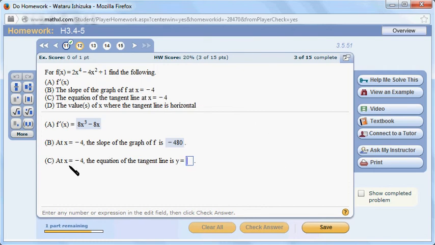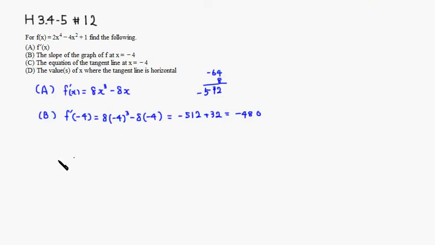All right, next question is at x equals negative 4, the equation of the tangent line. So we need to find 2 pieces of information. One is a point. We usually call it x1 comma y1. x1 is given, so it's negative 4.